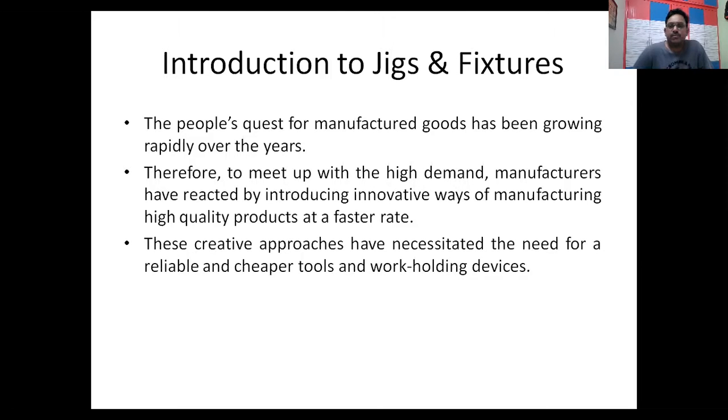So these creative approaches, as I said, every industry has its own innovative ways, its own strategies, its own creative approaches. These approaches have necessitated the need for reliable and cheaper tools and work holding devices. If I want to produce at higher production rates, then I need some mechanism, some tools, so that I can do the work fast.